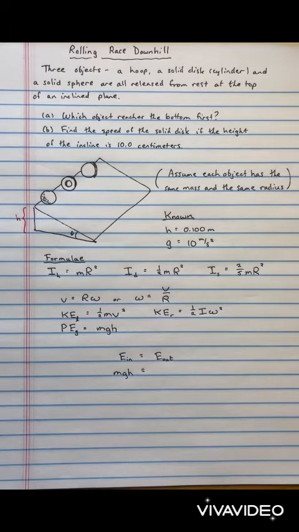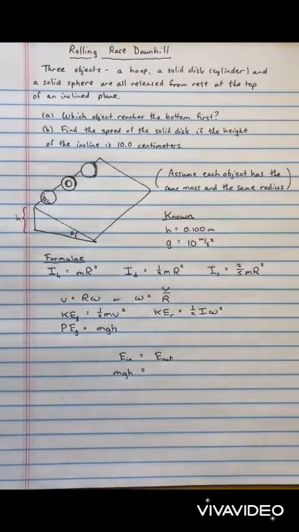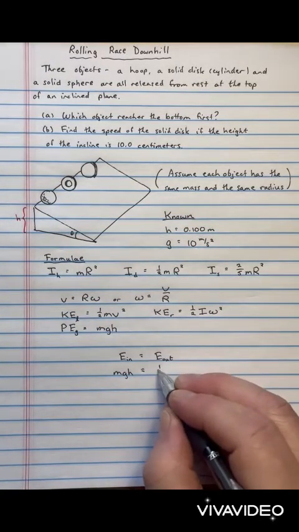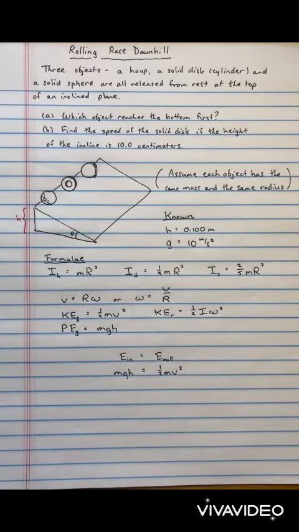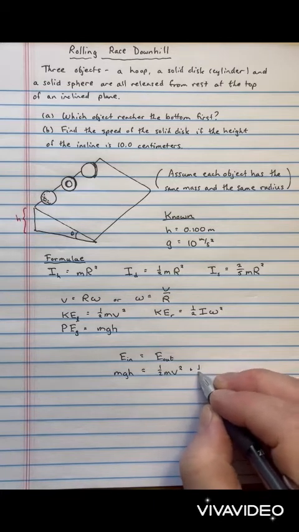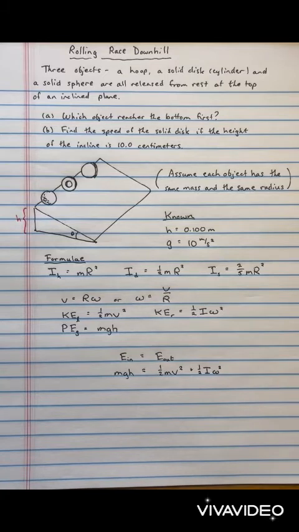What kind of kinetic energy does it have? Well, it has two kinds. It is moving forward, therefore linear kinetic energy, which is 1/2 mv squared. But also it has rotational kinetic energy, the energy of rotating, because it is spinning. We cannot ignore that. So 1/2 I omega squared is the formula there.